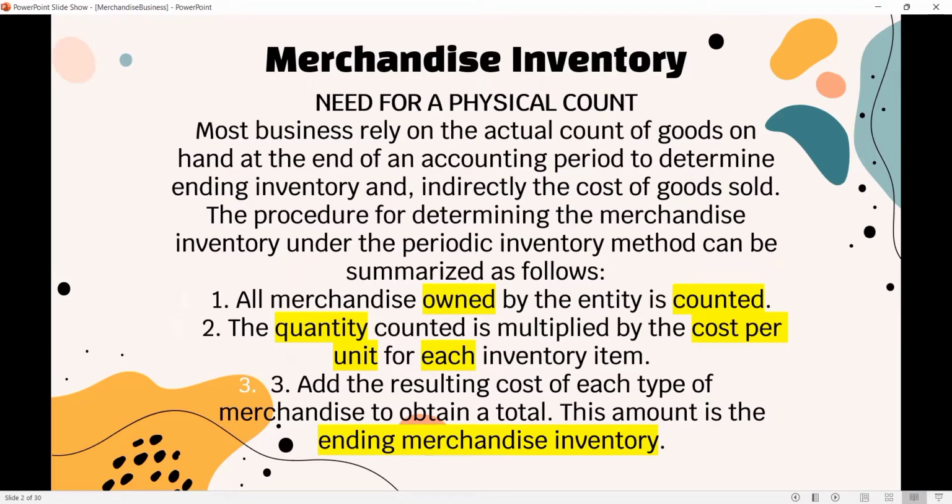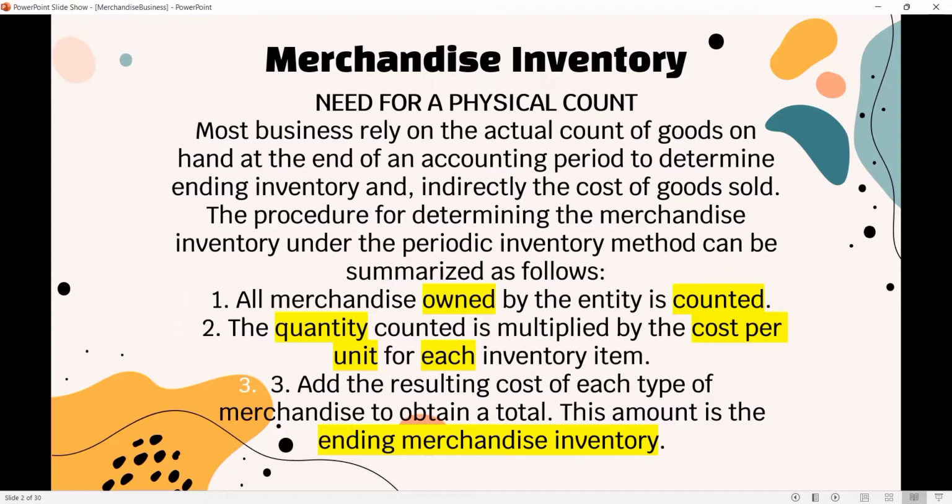Most business rely on the actual count of goods on hand at the end of an accounting period. Sila mismo ang nagbibilang ng goods nila para makita kung ilan na yung natitira at para mai-record nila sa kanilang reporting, to determine their ending inventory tapos yung nabenta nila, cost of goods sold.